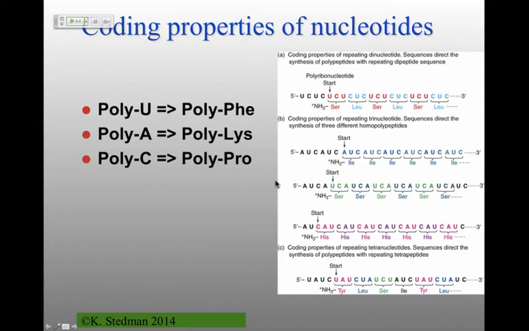So this is all in the experiments where people took synthesized RNA, threw them into an extract which had ribosomes and tRNAs in them, and they got these stretches of amino acids. So this is great, but it only gives you 3 amino acids, and it turns out poly G doesn't work, even though poly G would give you glycine, because poly Gs like to form really stable secondary structures.